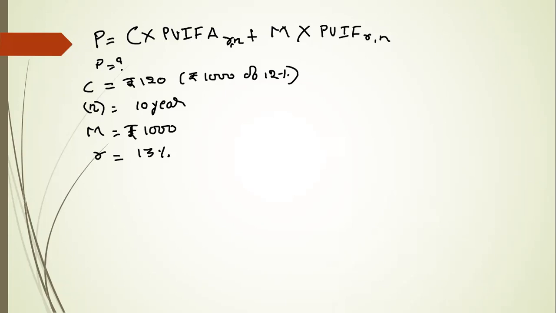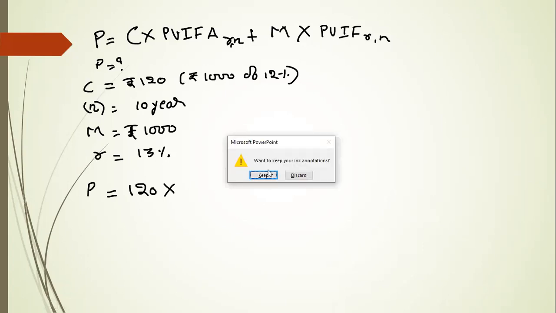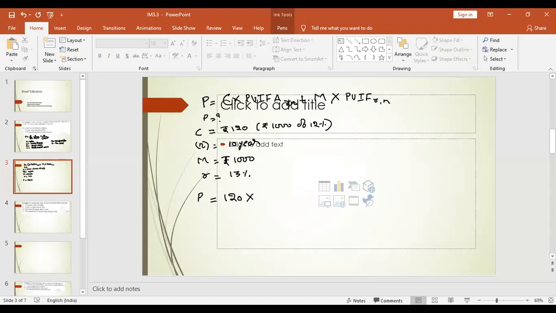So I'm going to put all these values in the formula. P is equal to the coupon 120 into the present value interest factor annuity. You can do the calculation, or refer to the table.